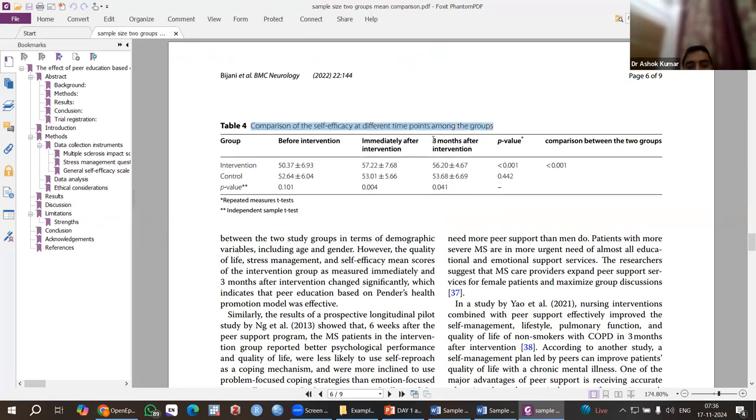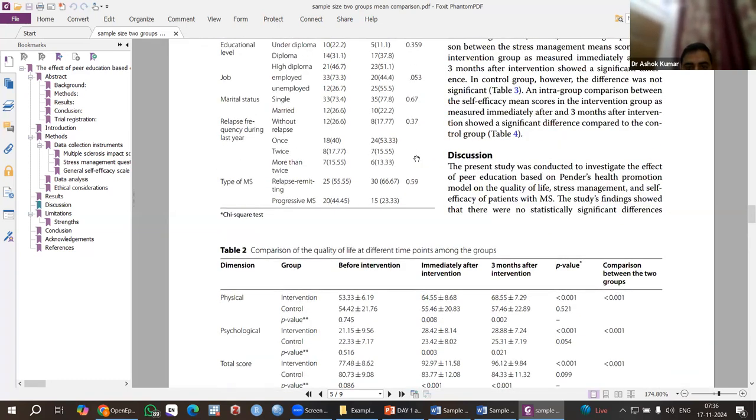Suppose at 3 months this is my primary outcome. I enrolled patients; I think I have to see this graph.